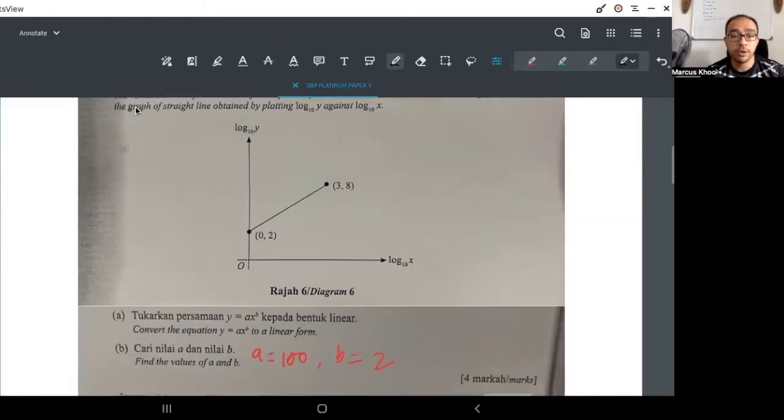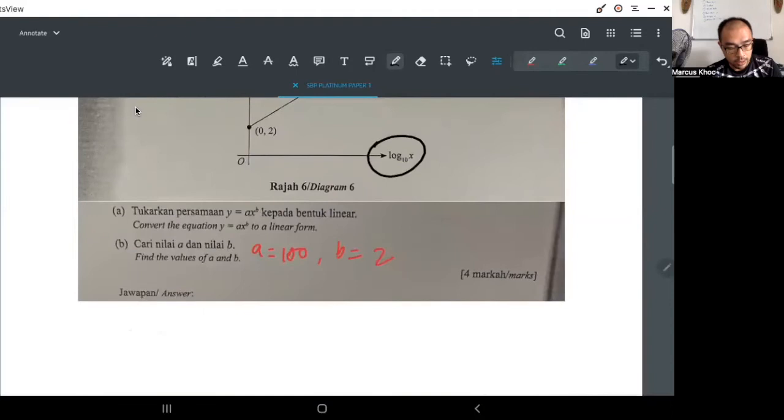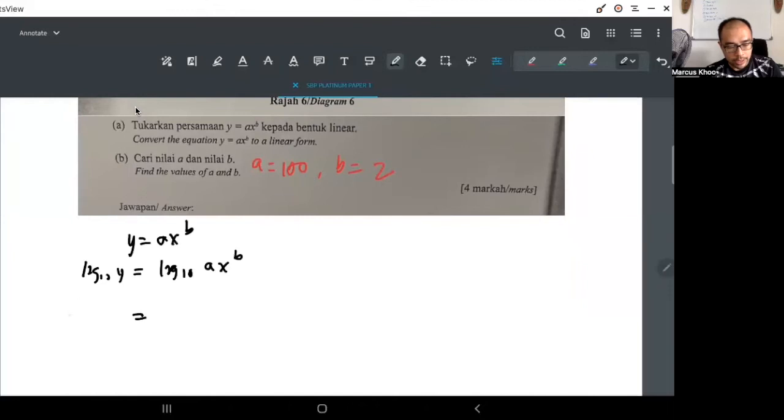Okay, so of course convert this to linear form lah. So we want to convert this to follow log 10y and log 10x. So y equals ax^b, so log 10y equals log 10a plus b log 10x. At this juncture, you should be able to do this very naturally lah. Okay, so this will be the linear form.